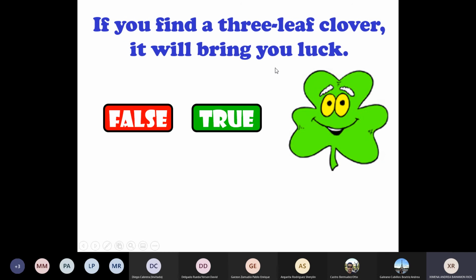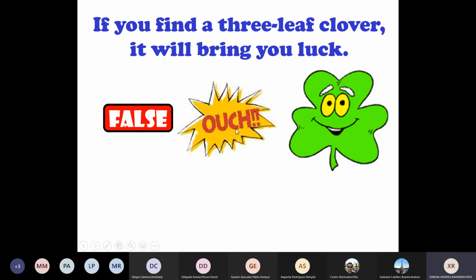Good. If you find a 3-leaf clover, it will bring you luck. Okay. Miguel says true over here. All right, well, that's something we think. For us it's true, but for them not, okay?